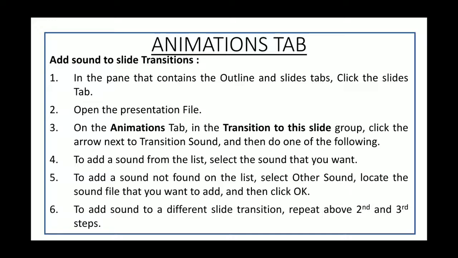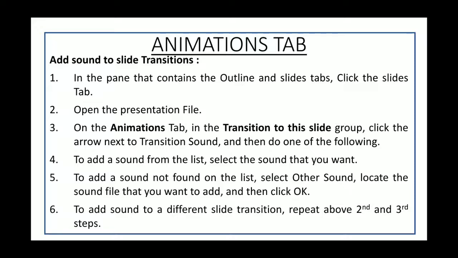To add sound to a different slide transition, repeat the above second and third steps. Again you have to click on the Animations tab, and in the Transition to This Slide group, select the arrow next to Transition Sound.